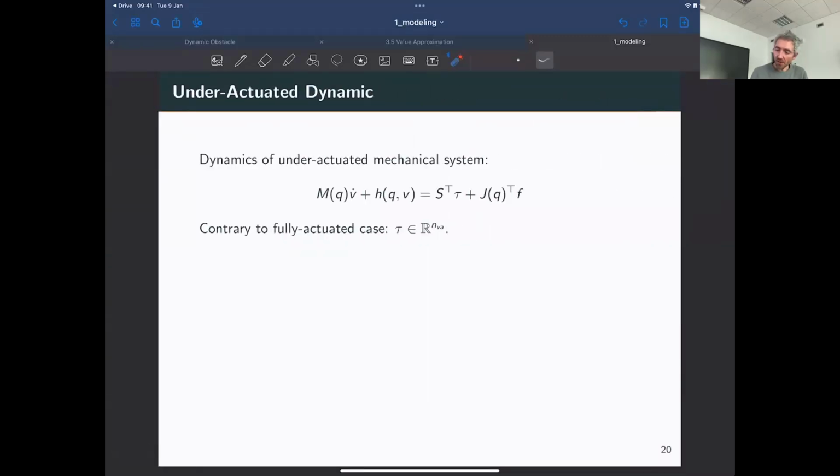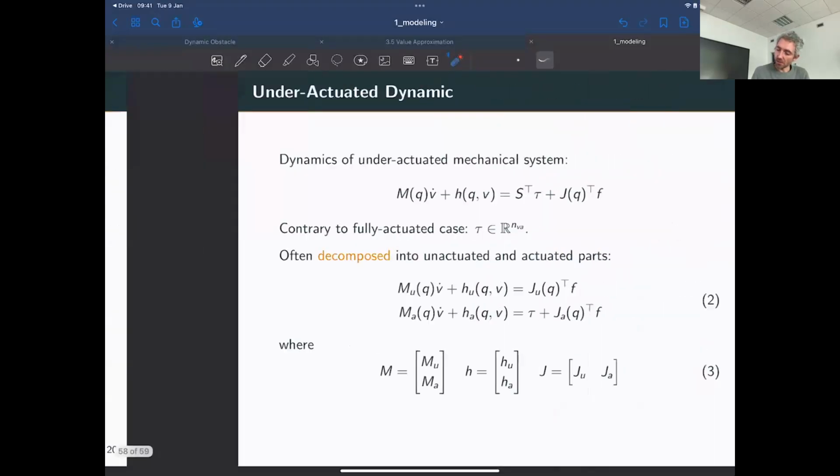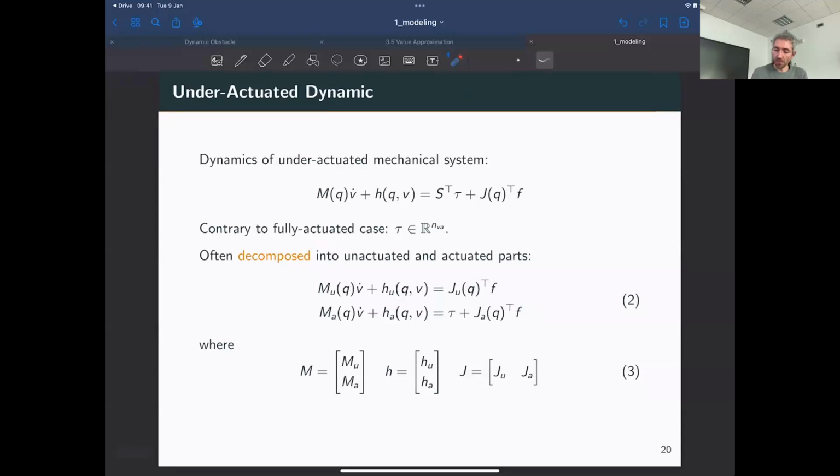So the dynamics of an underactuated mechanical system, which is just a fancy way of saying a legged robot, is basically the same as before, but now we have this S transpose matrix here. So the selection matrix has the job basically of extending the vector of torques, adding a bunch of zeros on top.